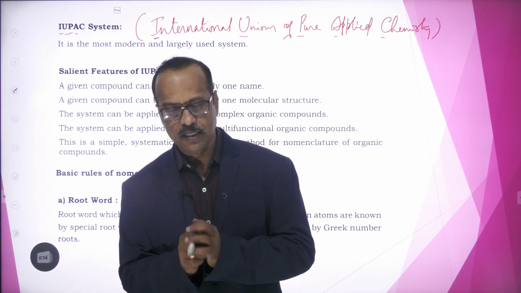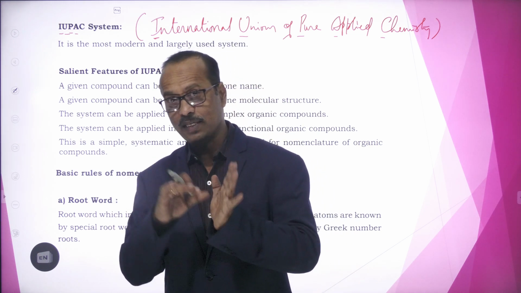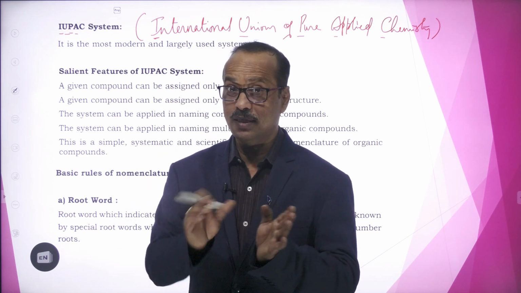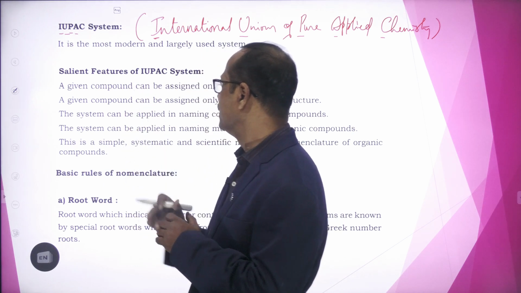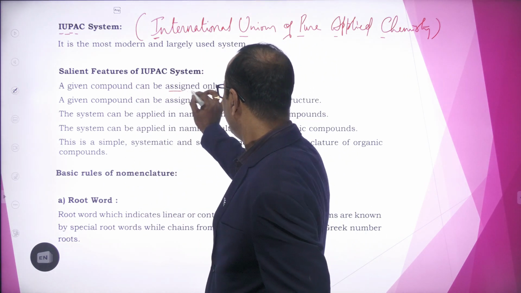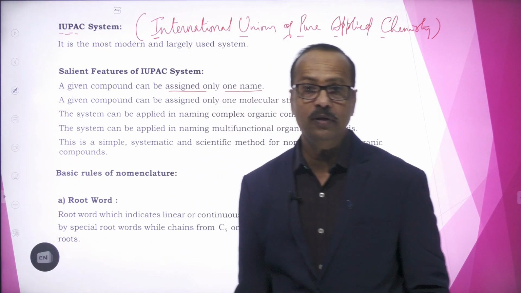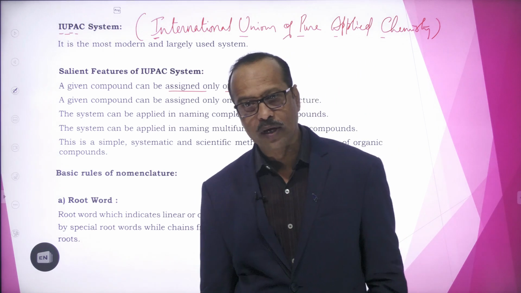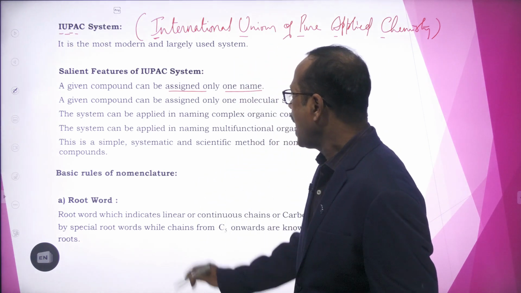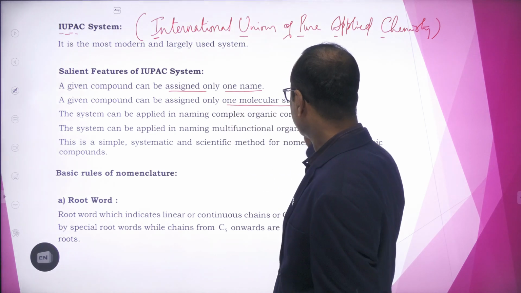But here, IUPAC framed the rules in such a way that the given compound can be assigned only one name, and a given compound can be assigned only one molecular structure.